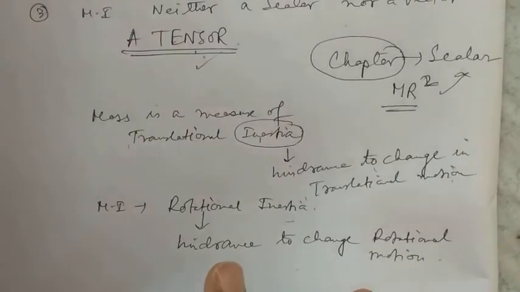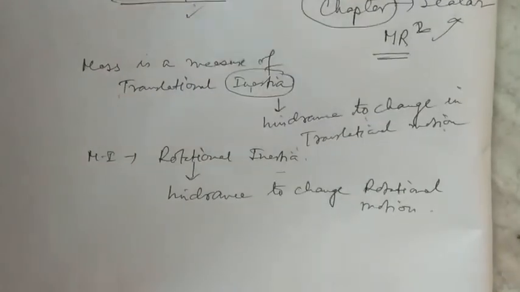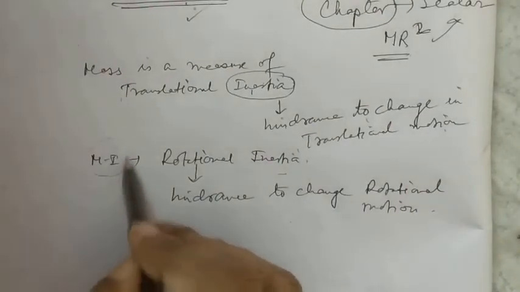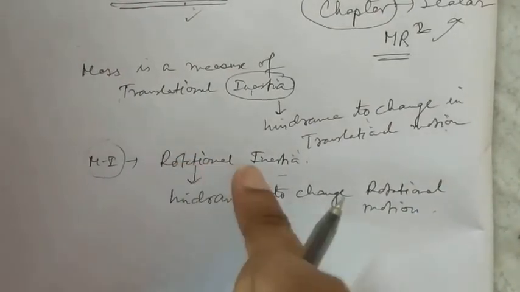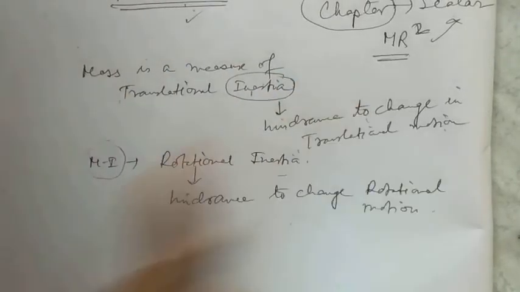To sum up, the relation between moment of force or torque and the moment of inertia is similar to the relation between force and mass. So moment of inertia plays the same role in rotational motion as played by mass in translational motion. I hope it is clear to you.